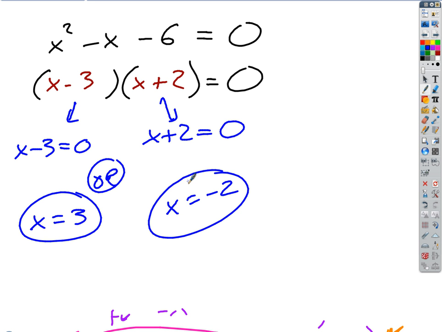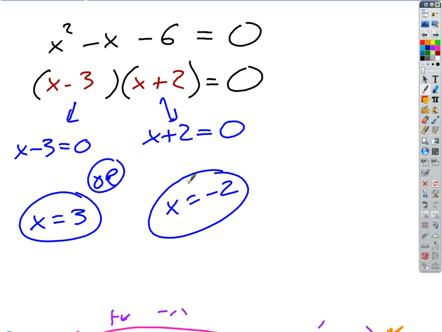How could we check and see if we got them right? Plug them in, and they work, I promise you. Okay, isn't that great? That's a good way to do this. So we can just break apart a big expression into a product of smaller factors that are easier equations to solve. Okay?